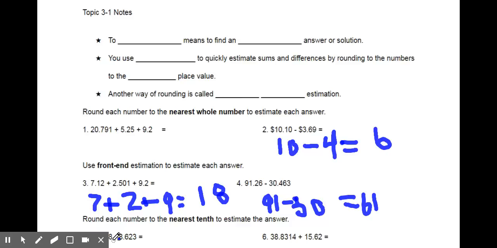You look 1 to the right, and there's a 5 next to it, which means the 0 rounds up. So now you're looking at 17.1 instead of 17.058. 8.623 right here. The 6 is in the tenths place. So you look 1 to the right, and it's a 2. That's less than 5, so it stays as 8.6.